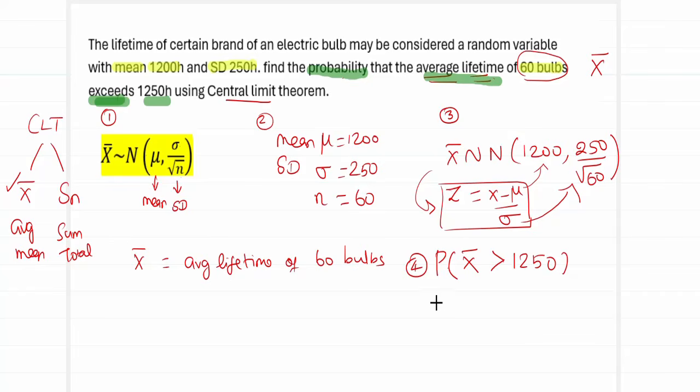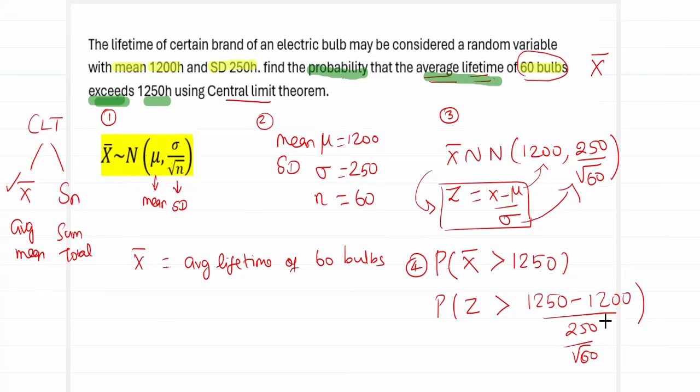hours. Now how to convert it into a problem of Z? So when your x bar is greater than 1250, your Z will be greater than. So I will substitute x to be equal to 1250 minus mu to be equal to 1200 divided by sigma to be replaced with 250 divided by square root of 60.